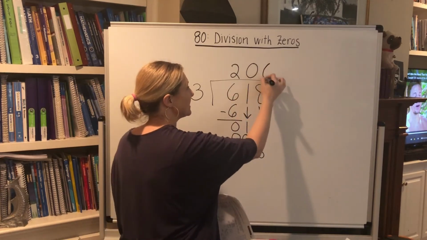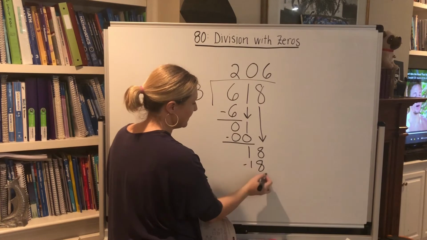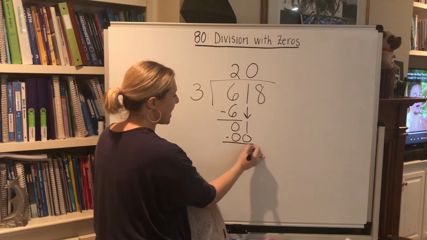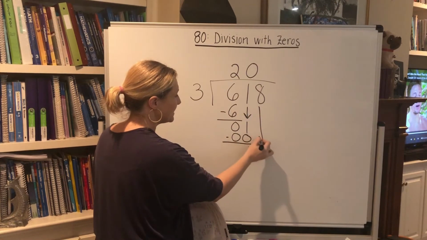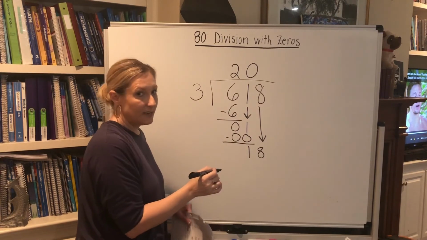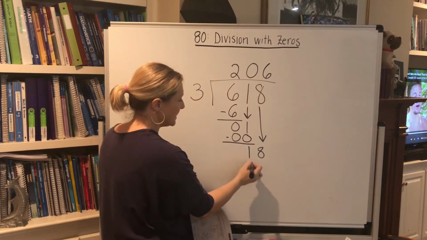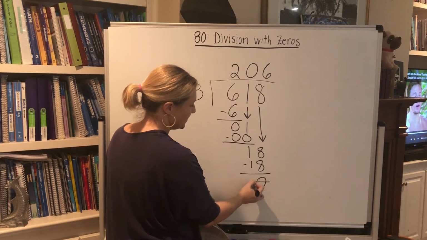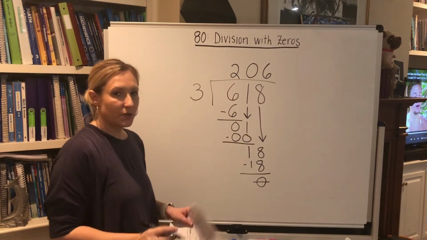Yes, evenly 6 times. 3 times 6 is 18, and we have nothing left over. 206 times 3 will give you 618.